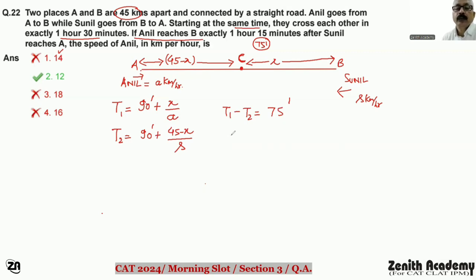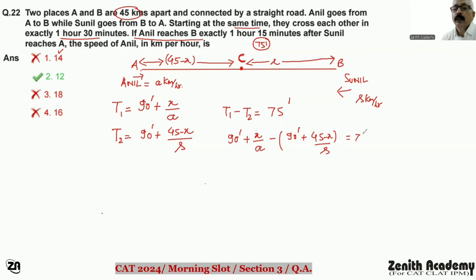And T1 is 90 minutes plus x by a, and here it is 90 minutes plus 45 by x.